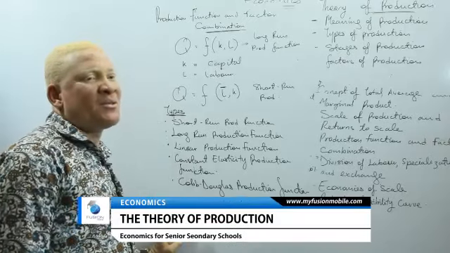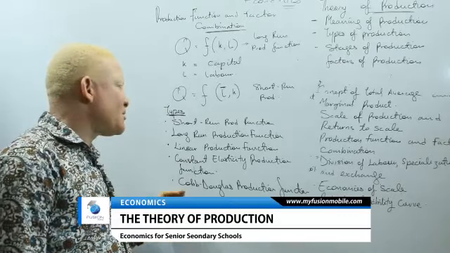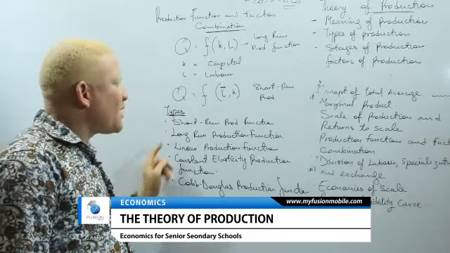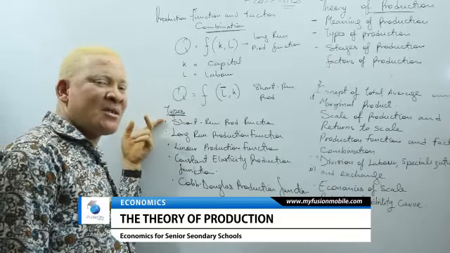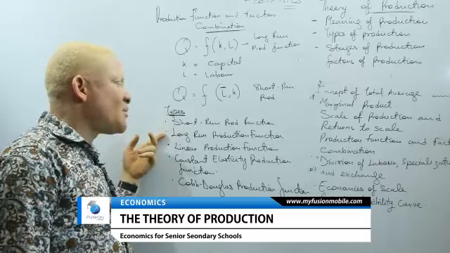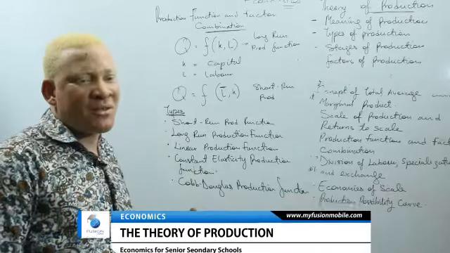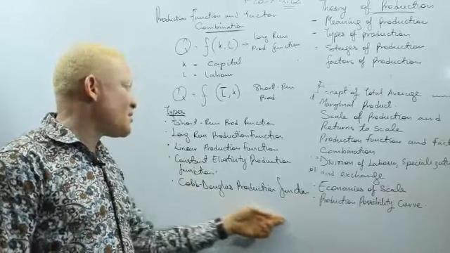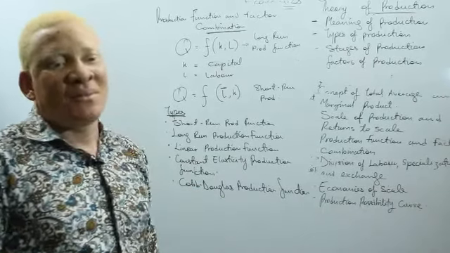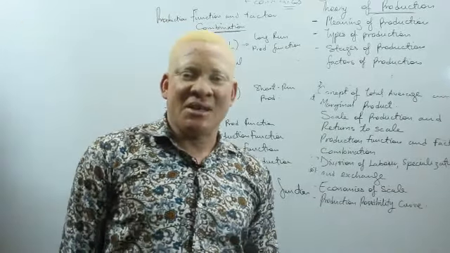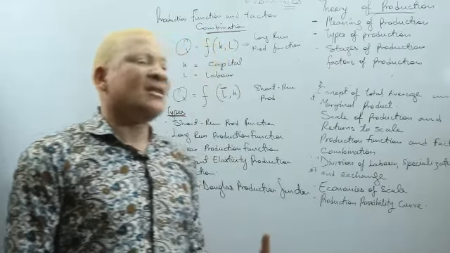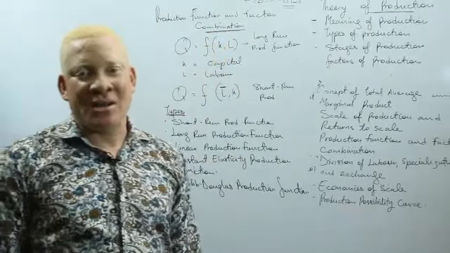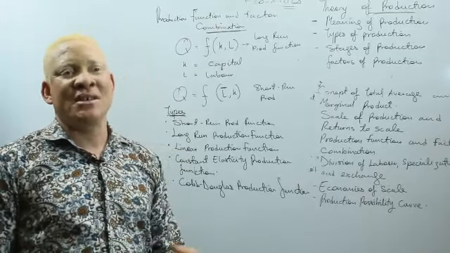We will not be able to go through them in detail, but each of these, as I've explained, will show us that a particular factor is fixed and this one is variable. But whichever production function you decide to use, the most commonly used is the Cobb-Douglas. They all produce a particular curve. They all specify the scale of production.